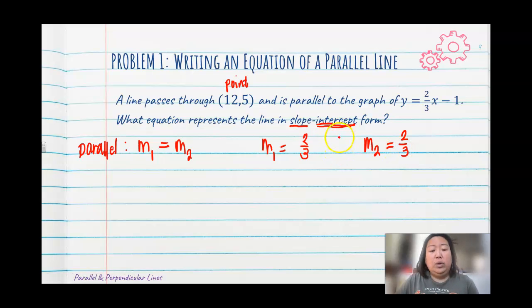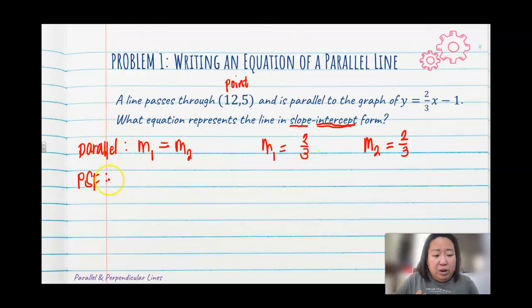No, but we can temporarily write it in point-slope form, okay? Remember, when you are writing equations of the line, work with whatever you are given for the meantime. In this case, we are given a point and we are given a slope, so we can write it in point-slope form, and then we can simplify, and then that will be in slope-intercept form, okay?